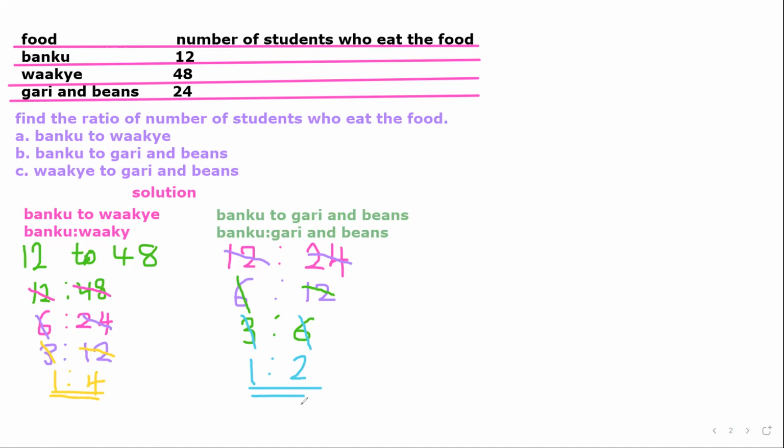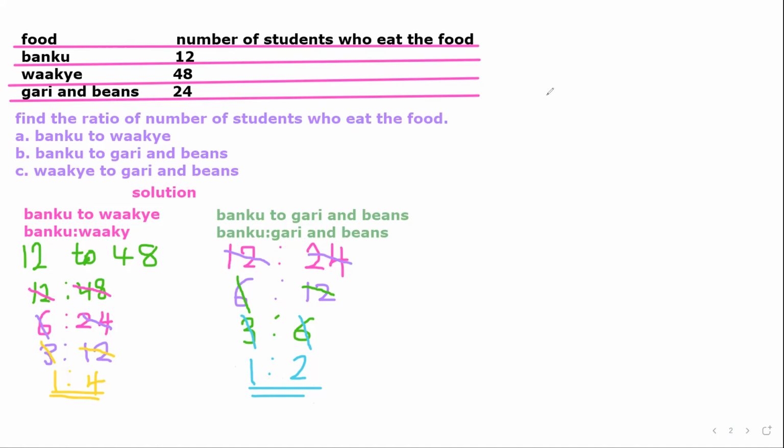So it will be advisable to cook more Gari and beans than Banku, so you ascertain the preference of the students. Okay, so that is how we do the survey to satisfy the preference of the students on campus.